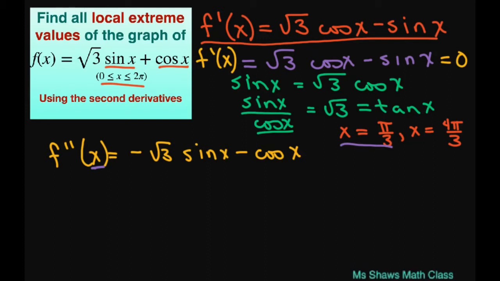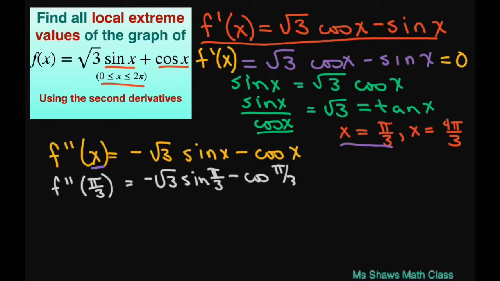So let's do the first one. F double prime of pi divided by 3 gives us negative square root of 3 sine of pi divided by 3 minus cosine of pi divided by 3.